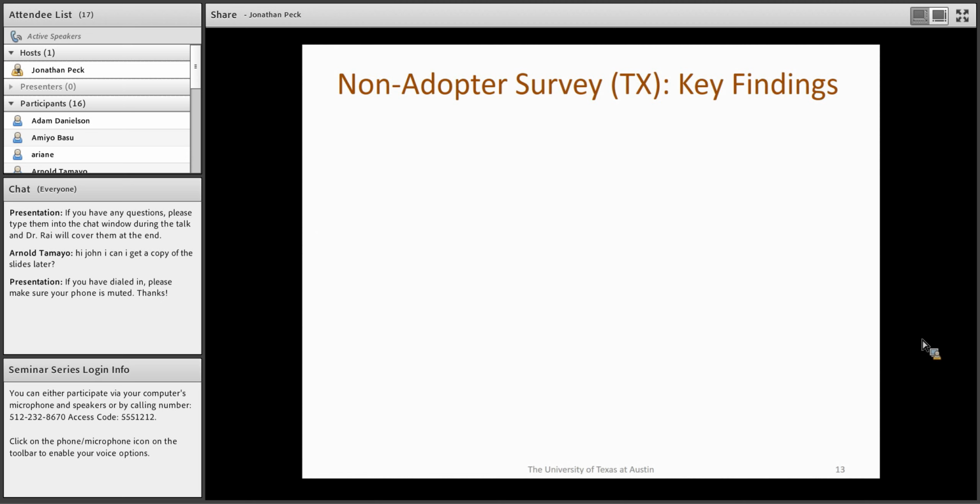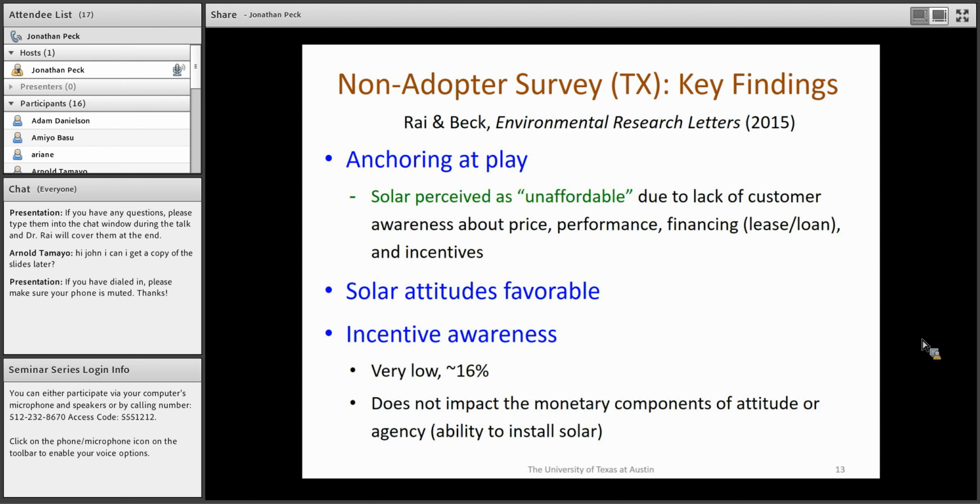So this is some data from Texas, and what we find is a lot of the non-adopters are actually anchored and misanchored for that matter. Solar is perceived as being unaffordable, and that has to do with lack of customer awareness of price, about performance of solar, lack of awareness of financing options, and lack of awareness of incentives.